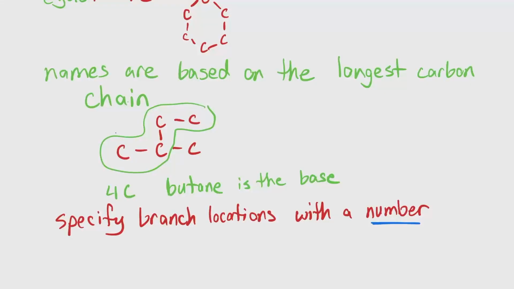There are 2 ways that we could number it. We can number it left to right, which would give us those labels. The other option would be to label it right to left. One of these is correct. The one that's correct is the one that gives us the lowest number on our branched group.